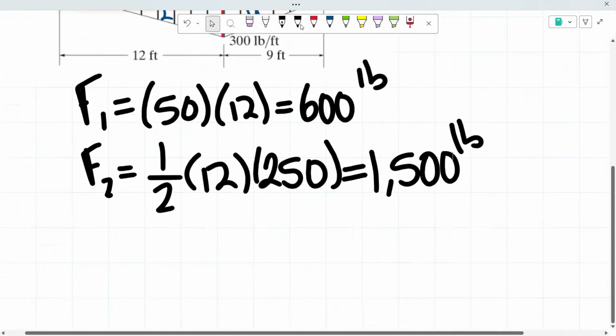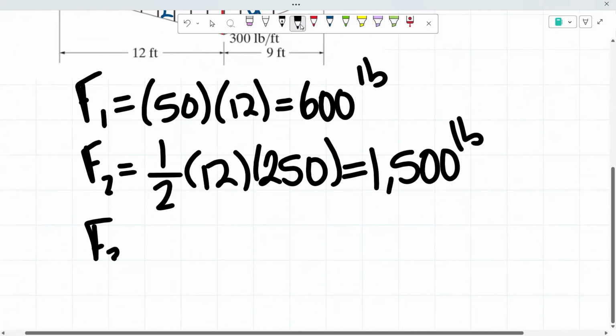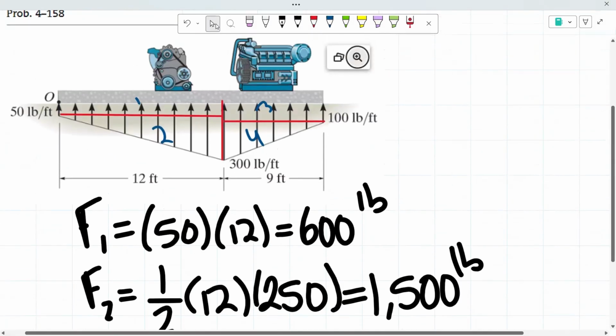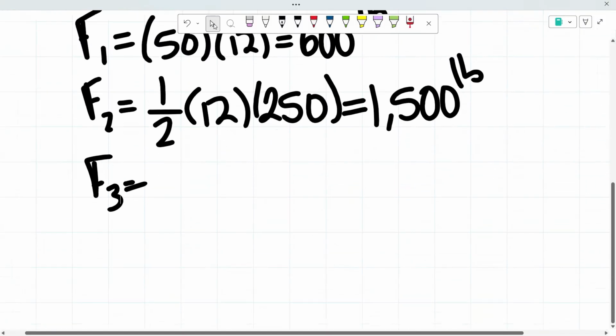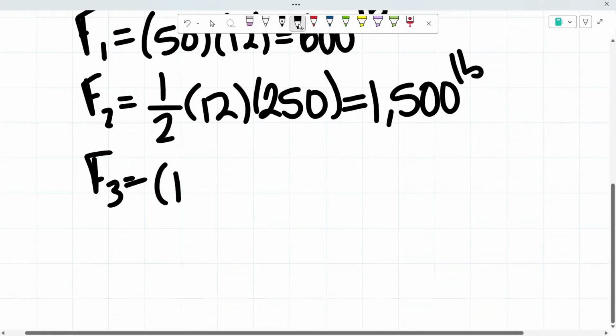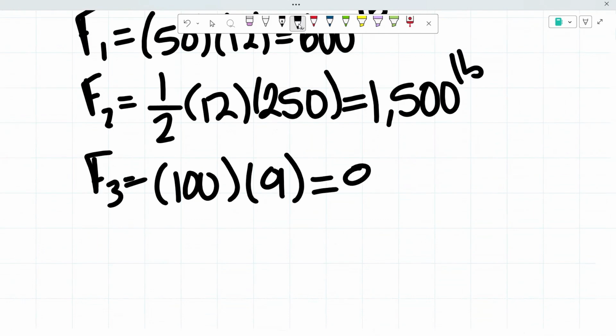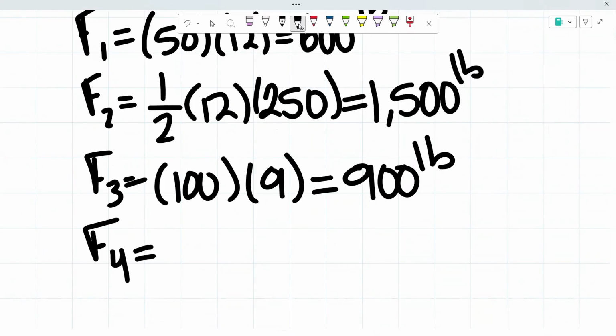For force 3, we know that it has a span of 9 feet with a constant loading of 100 pound-feet, giving us 900 pounds in force. And for the second right triangle, we're going to multiply again by one-half.